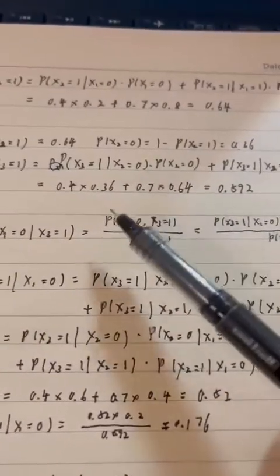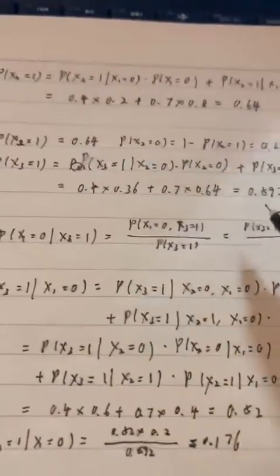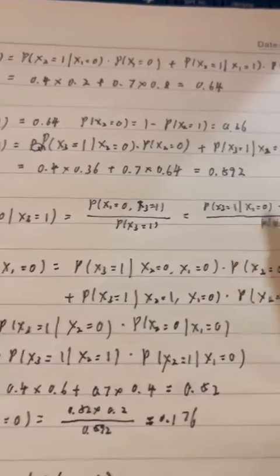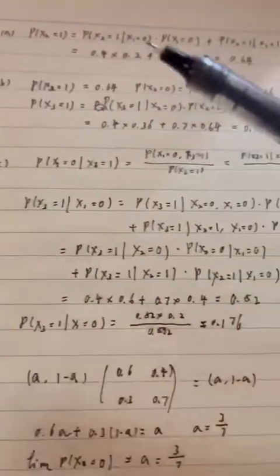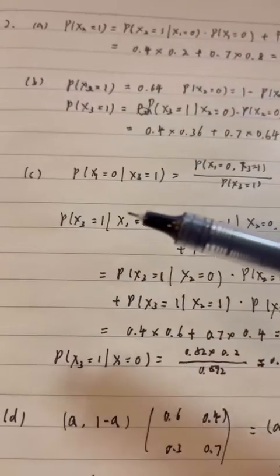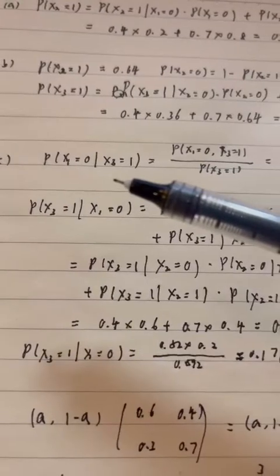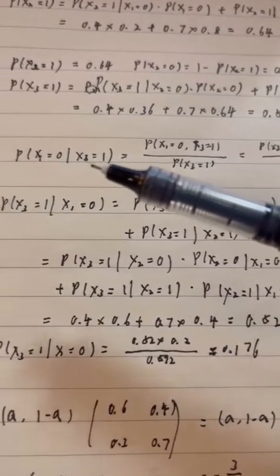We substitute the actual numbers into it, and we get the final result as 0.592.